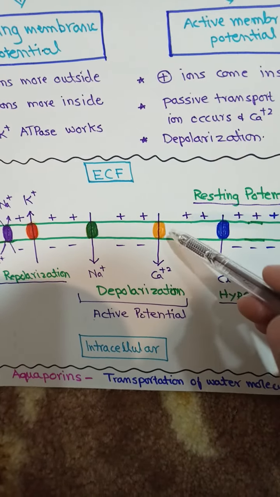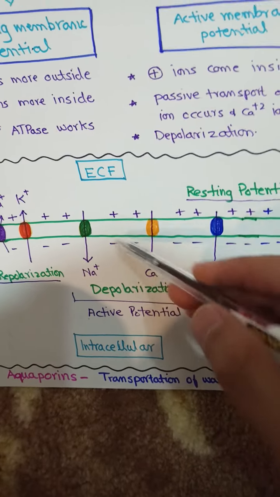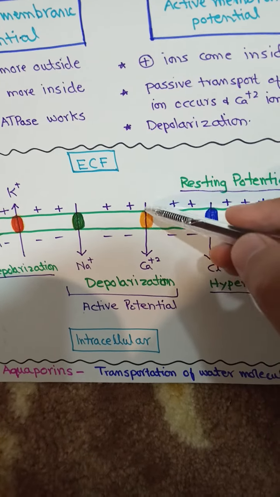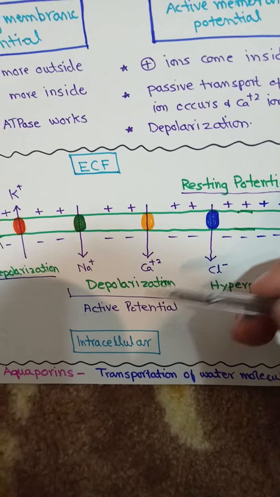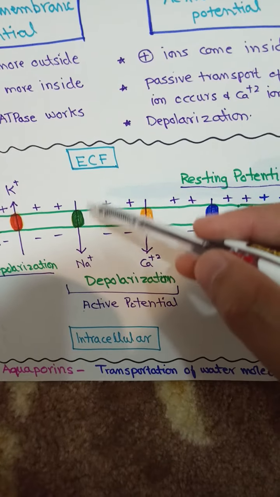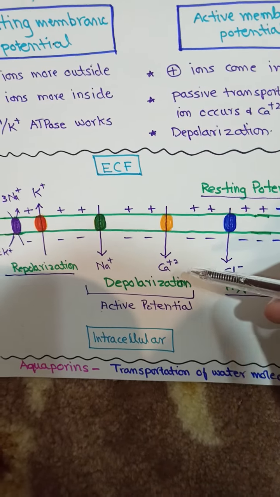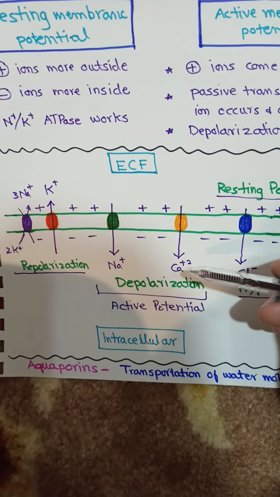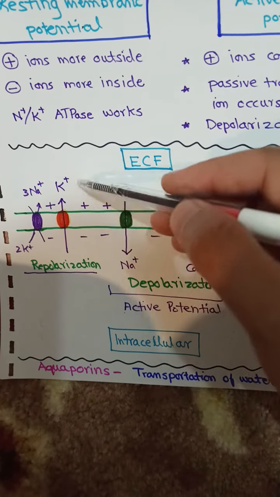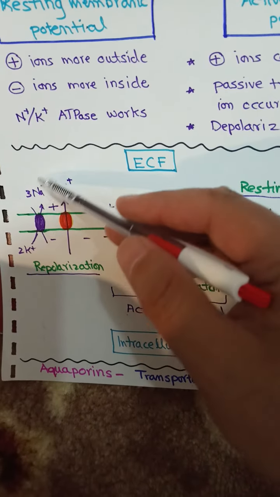In the active membrane potential, depolarization of the membrane occurs and sodium ions and calcium ions come inside, and this is due to the facilitated diffusion of sodium or calcium ions through sodium ion channels or calcium ion channels, which is passive transport.